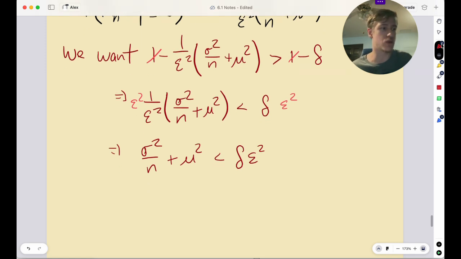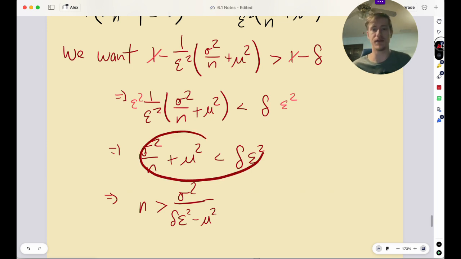I'll let you do that. And what you get in the end is that n is going to be greater than sigma squared over delta epsilon squared minus mu squared. All right? Just manipulating this and solving for n, basically.